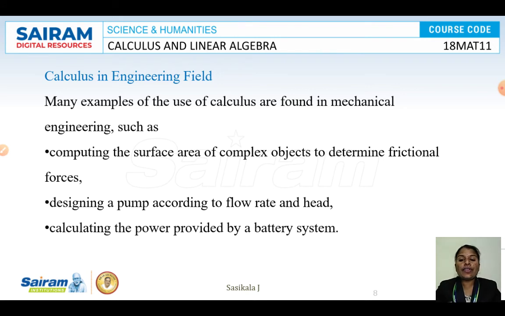When you are computing the surface area, wherever the changes are happening, like the flow rate and the head, that calculation part you can use, and calculating the power provided by battery systems has also been used.